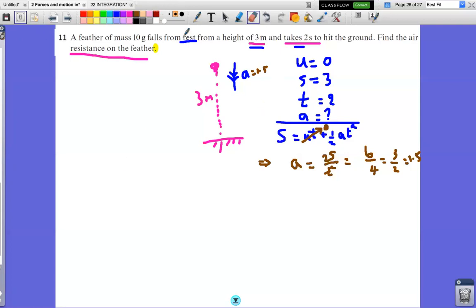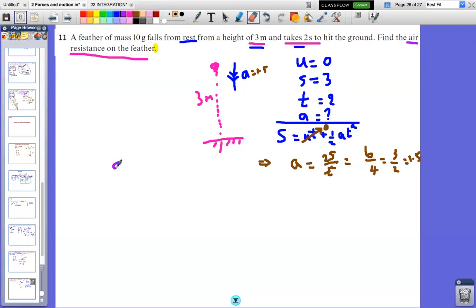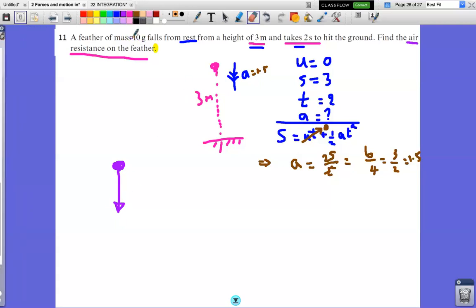Now, the second part of the problem, we need to look for air resistance. So as the feather is falling, it has a force, its weight. Its weight is mg, and the mass is 10 grams. 10 grams is the same as what? 0.01 kilogram, right?